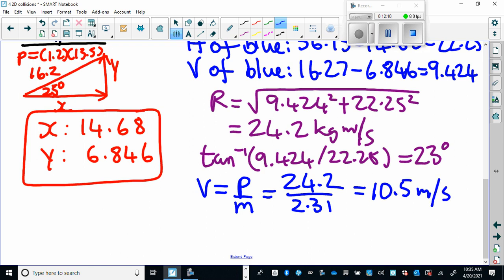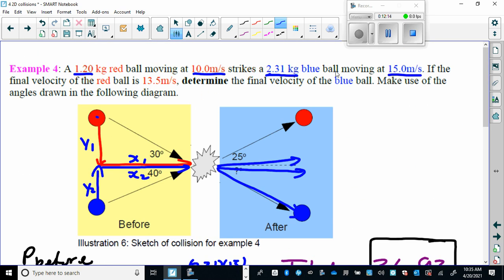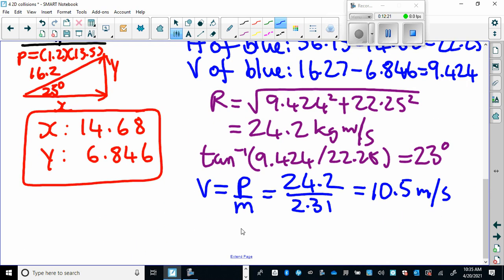Now, how many significant figures are we dealing with here? They're all 3, so we're going to put our answer in 3 significant digits. The answer to this question, therefore, is going to be 10.5 meters per second, and the angle is going to be 23 degrees. And again, you got to be careful here.